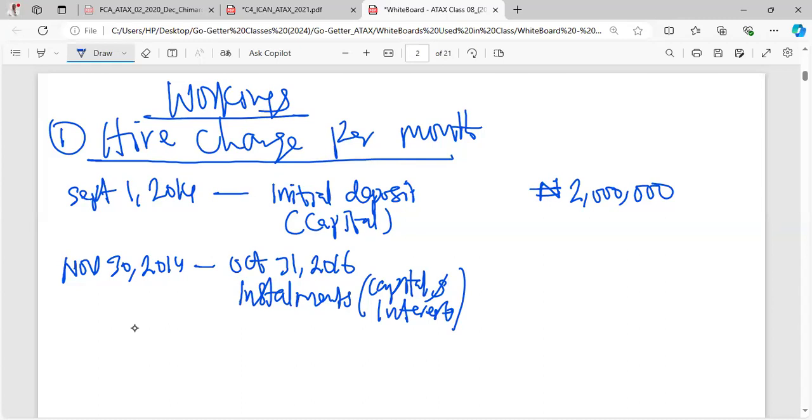So it's going to be 24 months, which we are given, multiplied by 200,000. So what would that give us? That should be 4.8 million.